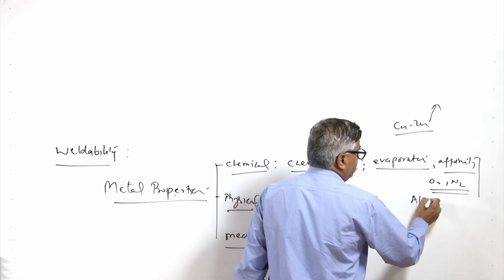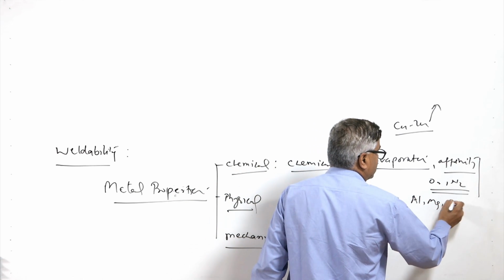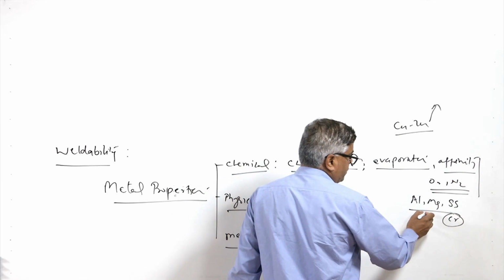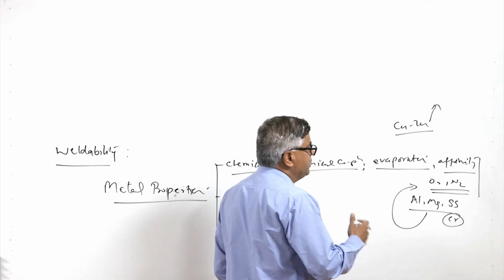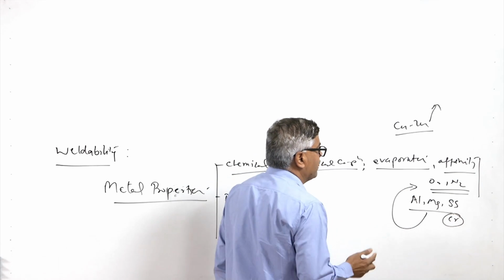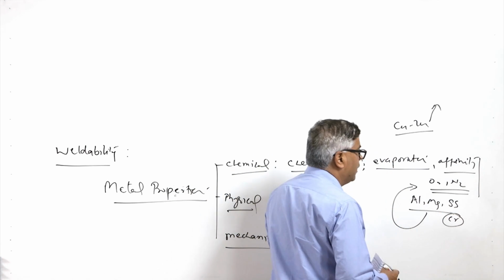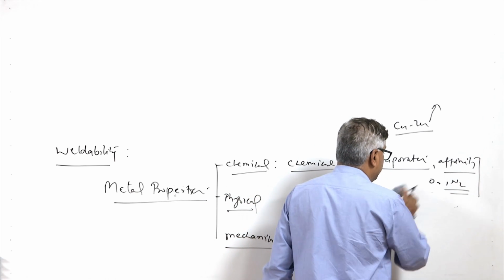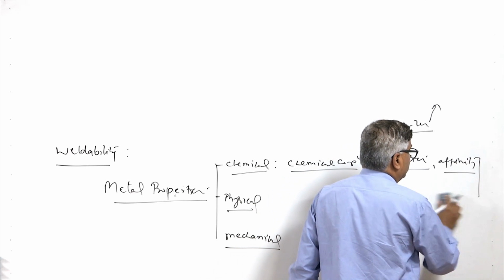Typical metals like aluminum, magnesium, and stainless steel, which has chromium, because of their high affinity to oxygen and nitrogen, easily form oxides, which leads to reduced weldability of the aluminum alloys.